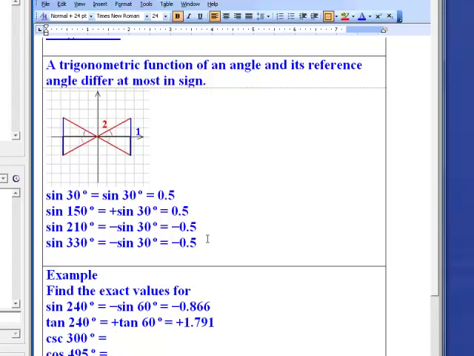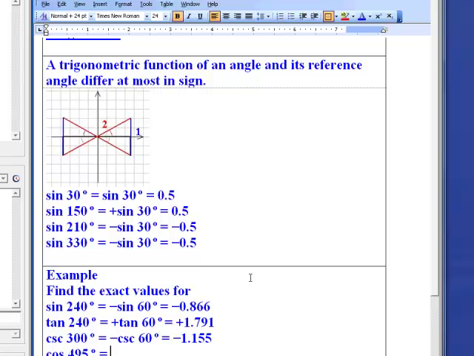Cosecant 300 degrees is the same as the cosecant of 60 degrees. Let's see, cosecant 60 degrees. And we're in the fourth quadrant, so it needs to be negative, and we come up with a negative 1.155.